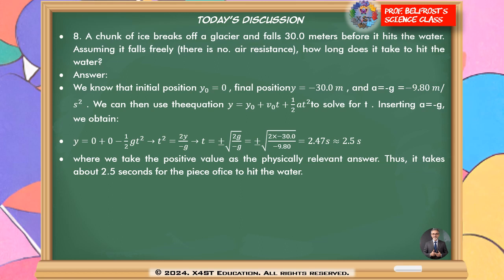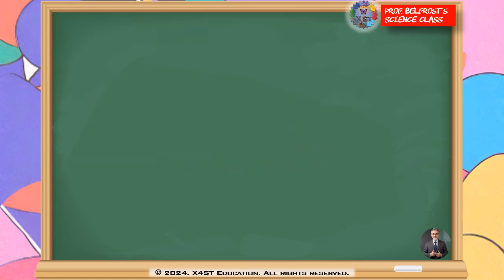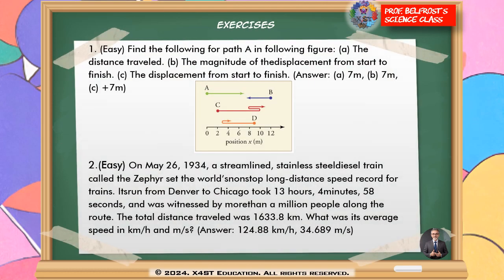Then just plug it into the equation, which is y equals y0 plus v0 t plus half times a t squared. Rearranging the equation, we get about 2.5 seconds. Okay, done. Okay, so that's about the review problems.